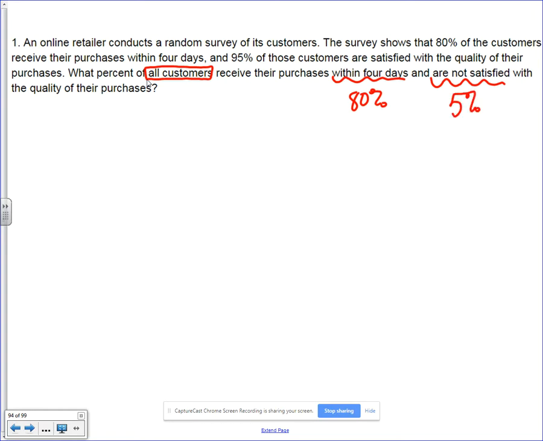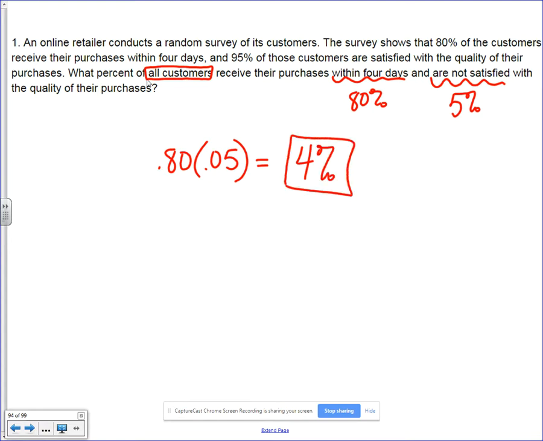So I have to take this 80% and figure out what 5% of that is. When you do that, you will get that 4% of the people that receive their packages within 4 days are not satisfied. Notice there were 2 parts there. You had to get your package within 4 days and then not be satisfied, so we had to combine those 2 together.